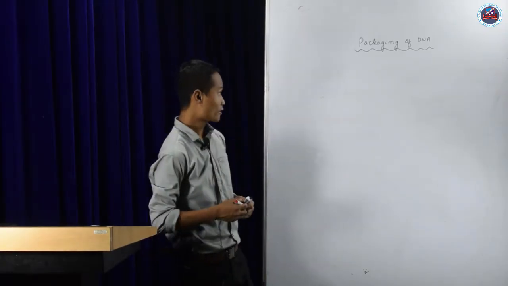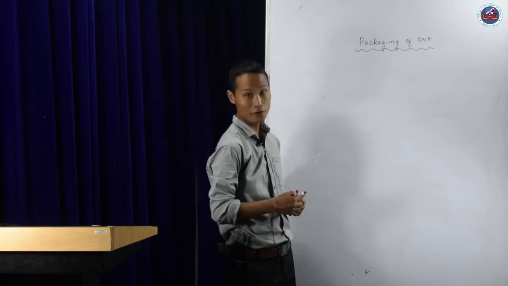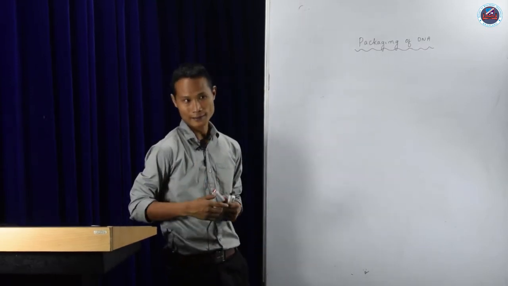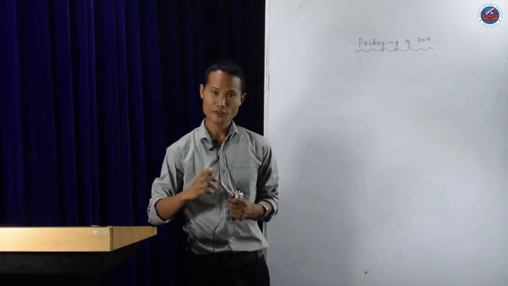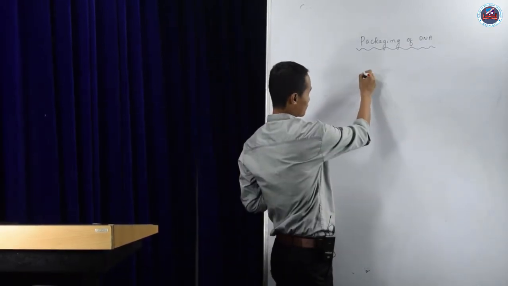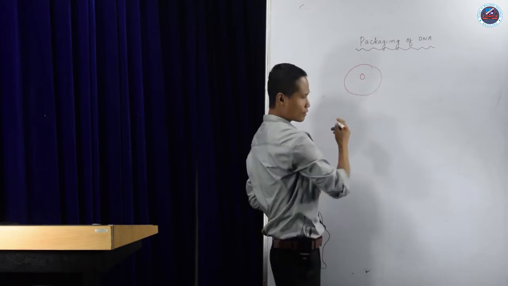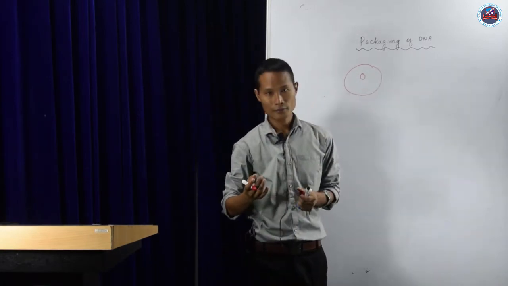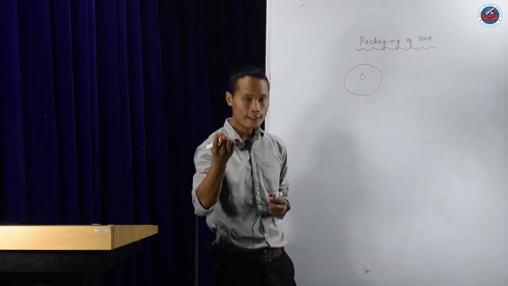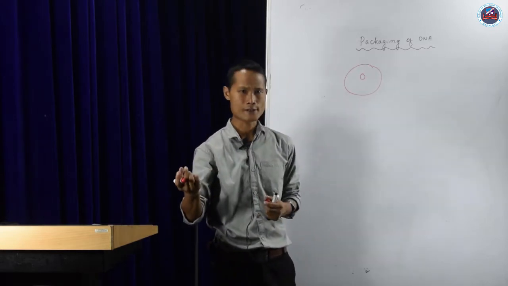Today's discussion, we're going to discuss packaging of DNA. Let's try to understand what it means. You know that inside the cell, there is a nucleus. In the nucleus, we found our chromosome, we found the DNA, and we found some proteins.